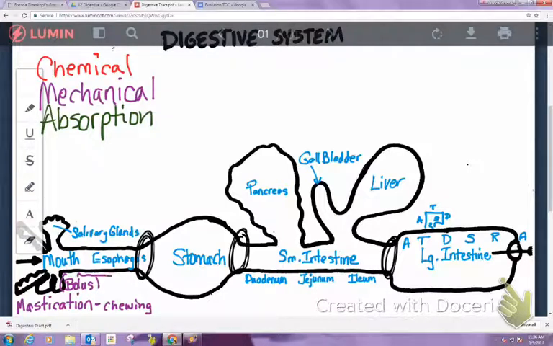The bolus then moves down the esophagus towards the stomach. The waves of contraction that carry the bolus of food, those waves of contraction are called peristalsis.